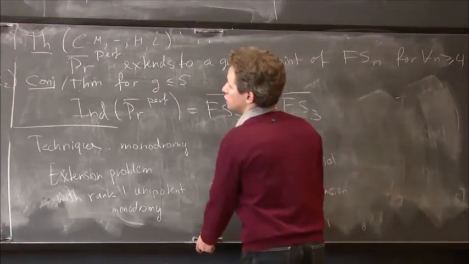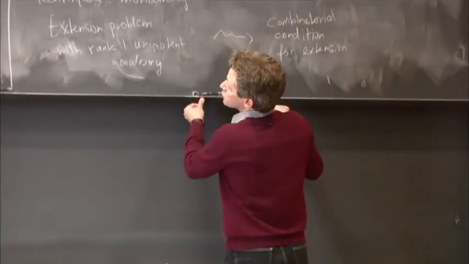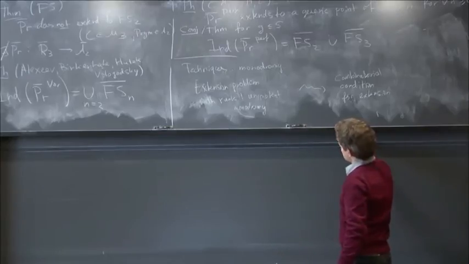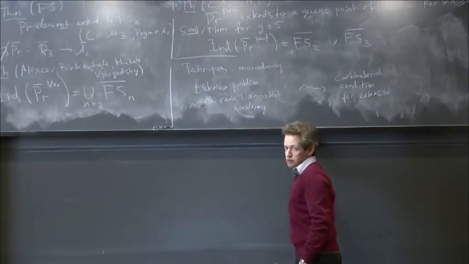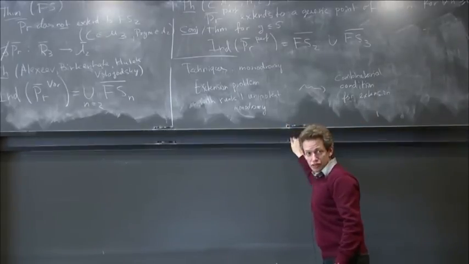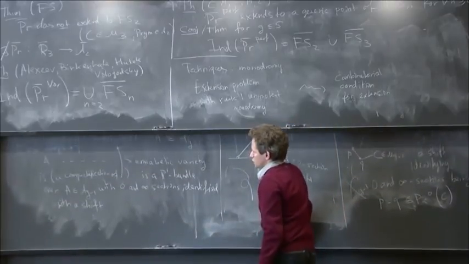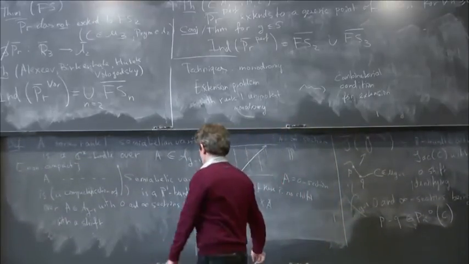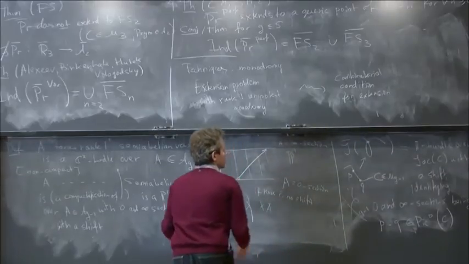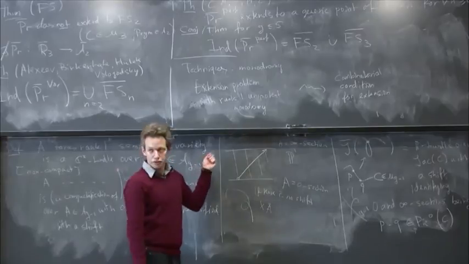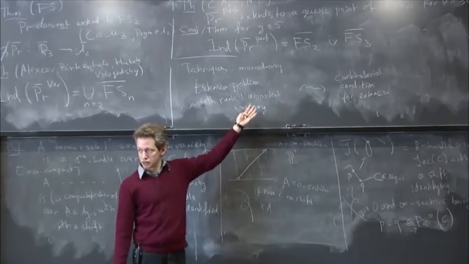So what I mean is that at the end of the day, once you set up the machinery, the question of whether the map extends becomes a question in combinatorics, which is a hard question, which is why we cannot do it in full generality, but it becomes much clearer what it is that you are doing. And then all the results about the extension of the Torelli map and the extension of the Prym map can be reformulated in this way.